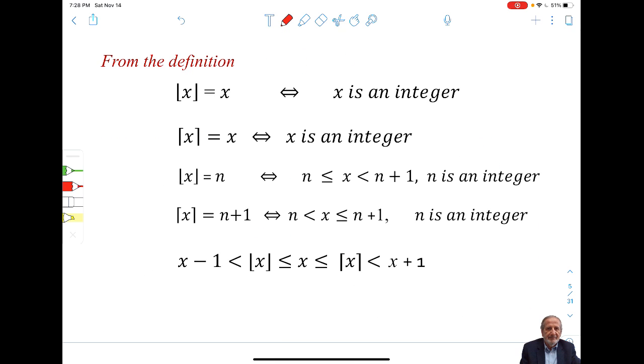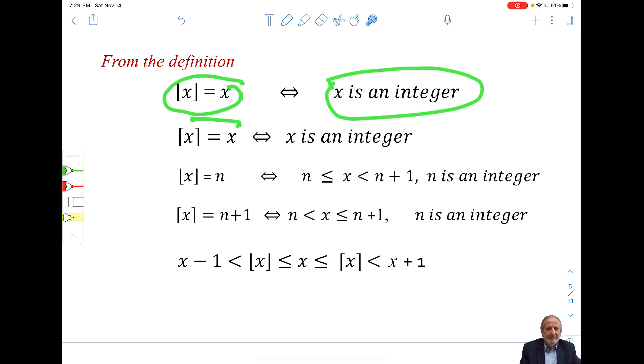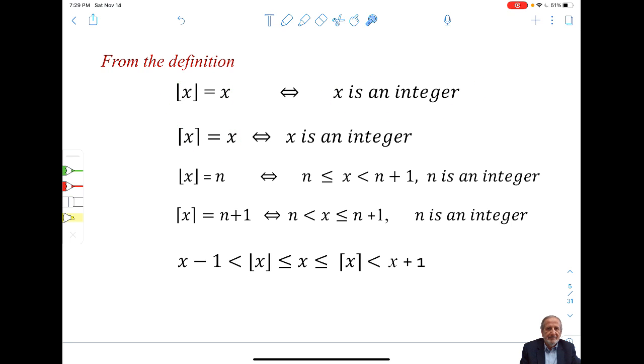Now here are some important properties. They're really clear from the definition. If x is an integer, then the floor function of x is x, and the ceiling function of x is x, and vice versa.